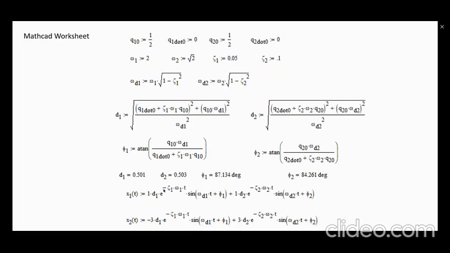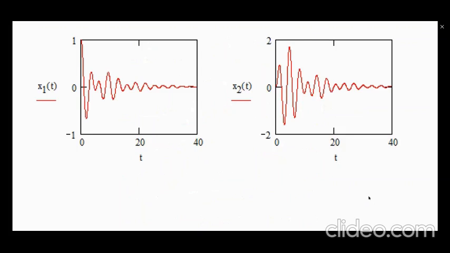Both the first natural frequency and the second natural frequency are involved. Okay? And you have plotted them here for you. Okay, so this is X1 and this is X2, and we just solved a free vibration of a 2 degree of freedom system subjected to some prescribed initial conditions. Okay?